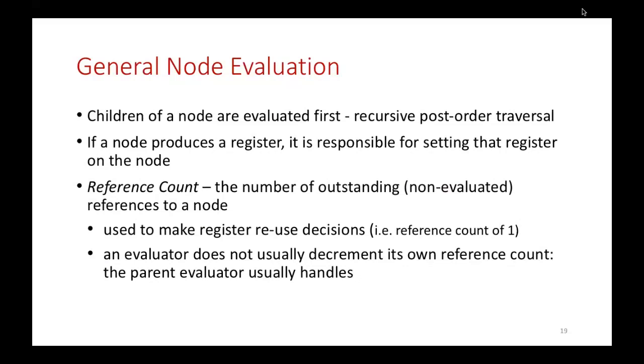We can make reuse decisions based on it: if the reference count goes to 1, you know this is going to be the last reference you see of this node in this method. An evaluator does not usually decrement its own reference count. The parent is responsible for decrementing the reference count on a particular node.